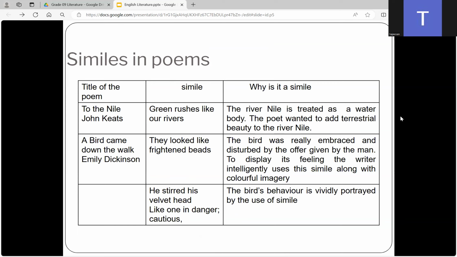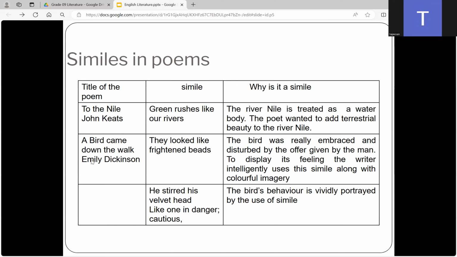Terrestrial means worldly beauty, that is, material. When I'm discussing the poem, I will share some ideas about terrestrial and celestial beauty. Only then will you have a clear-cut idea about it. Here, what you want to understand is that this is a use of simile.